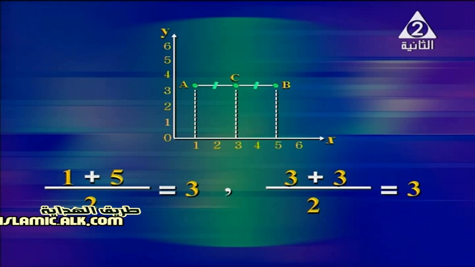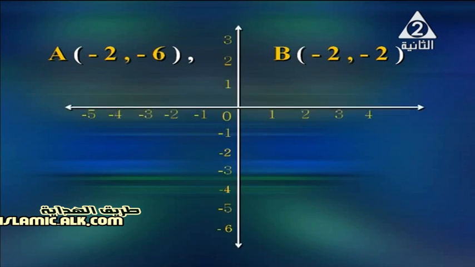What about another 2 points, A (-2, -6) and B (-2, -2)? These 2 points, we want to plot them graphically. So we are going to draw the 2 axes, the x-axis and the y-axis, plot the first point A, which is (-2, -6), and B (-2, -2), and join AB as it is a line segment.